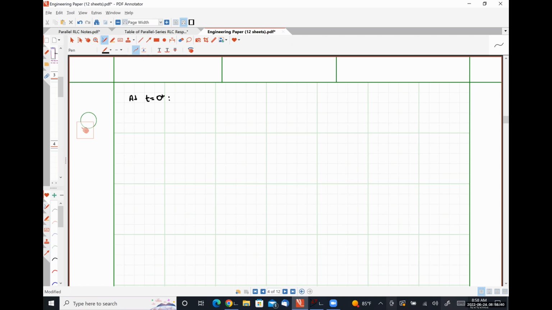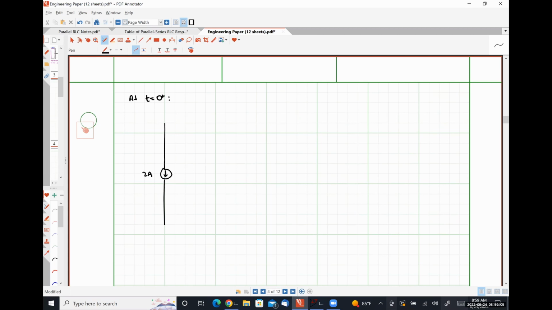Our inductor will look like a current source, and our capacitor will look like a voltage source, right? So our inductor will look like a 2 amp source, direction down.